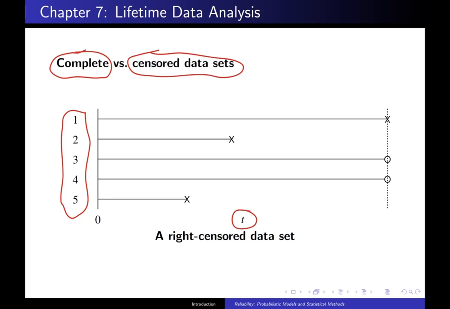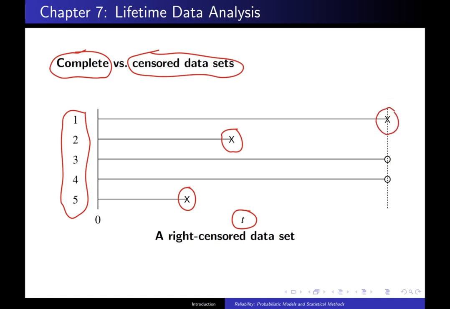Bulb number 5 fails first, and its failure time, which is denoted by this X, is the particular value of time along that axis. The second bulb, bulb number 2, fails next, and it fails right here. And then bulb number 1 fails right here.